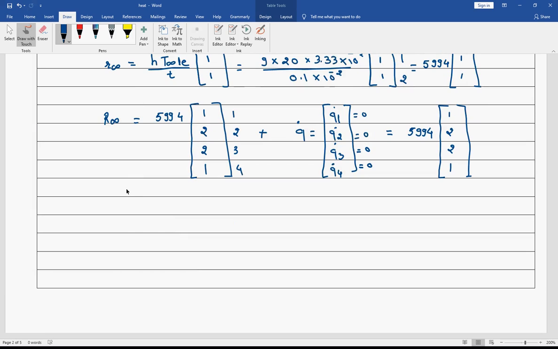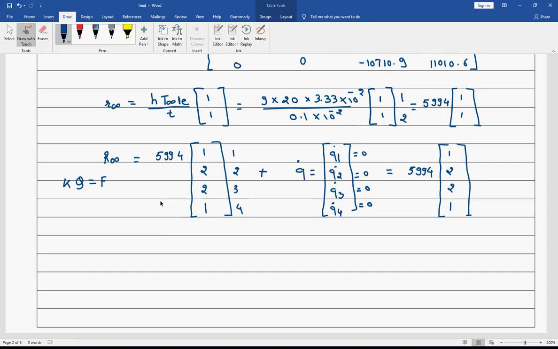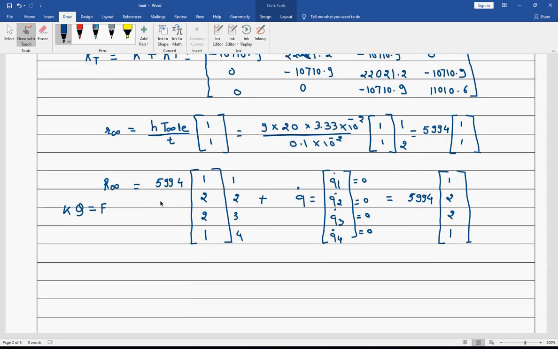Okay, so finally my FEM equation is KQ equal to F. This is my FEM equation. That is what I am going to write down now.